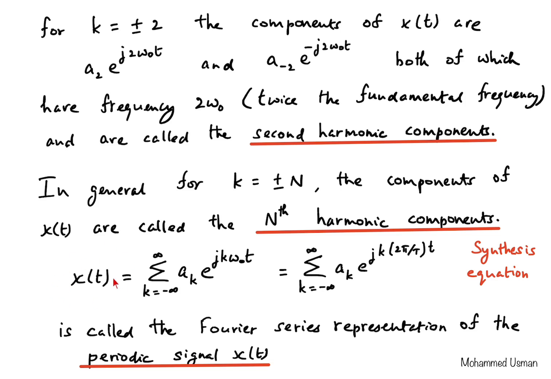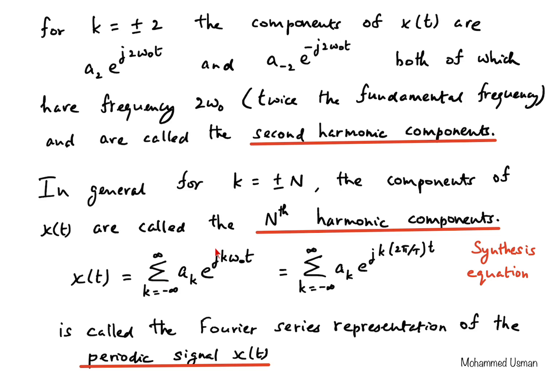So basically what we have done here is represented our signal x of t as a linear combination of harmonically related complex exponential signals, and that is called the Fourier series representation of the periodic signal x of t. And this equation that we have here to represent periodic signal x of t as a linear combination of harmonically related complex exponentials is called the synthesis equation.